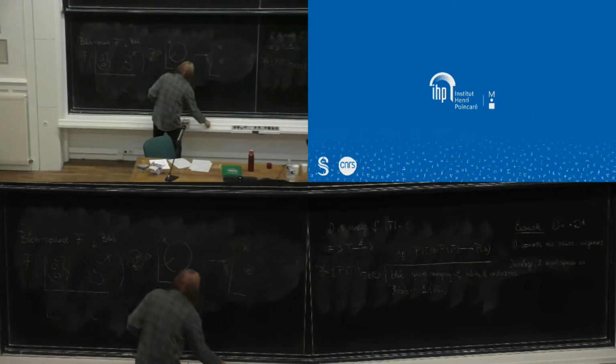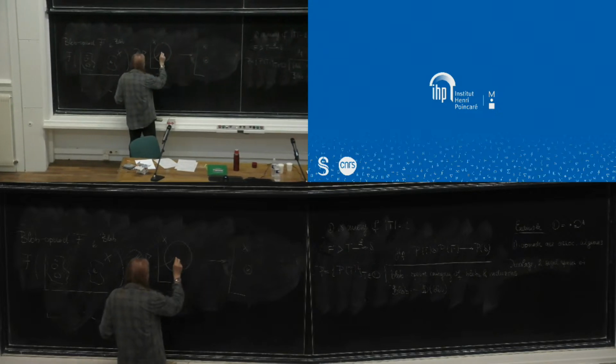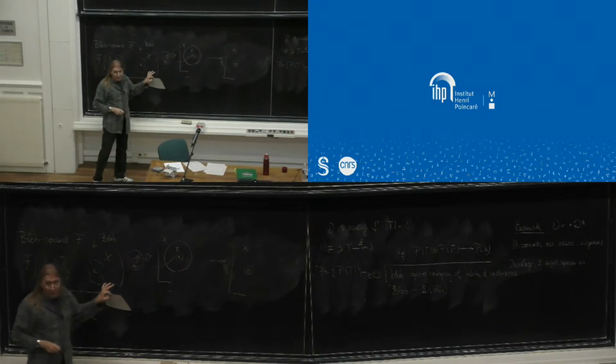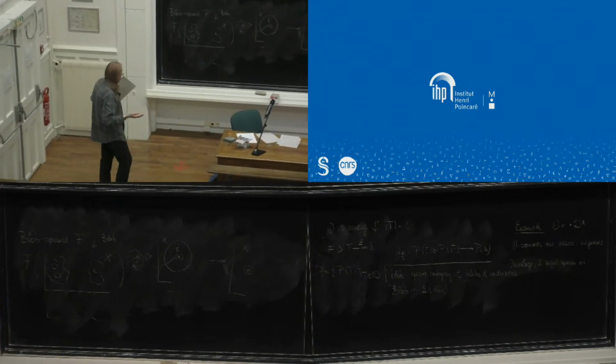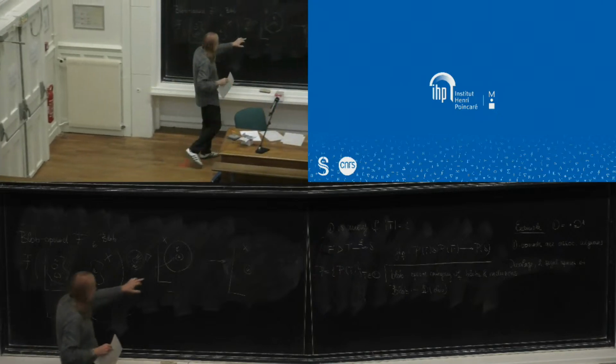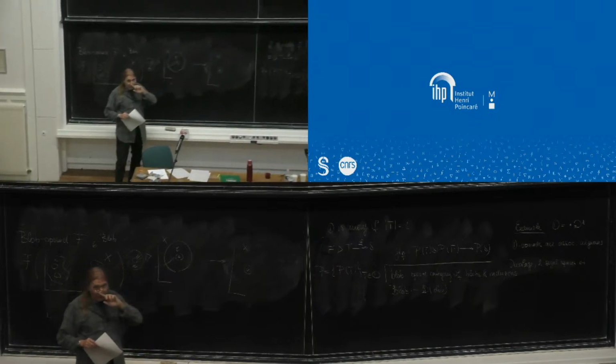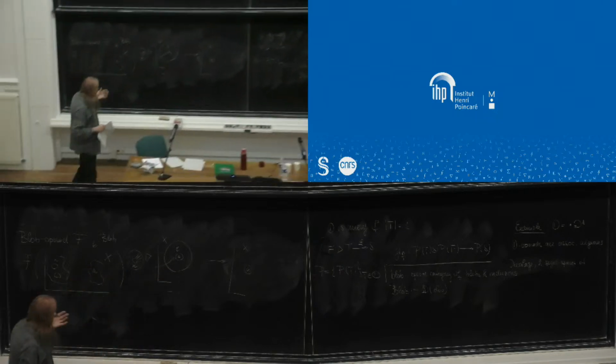Remember that this little blob is here, and what I give you is indeed gluing along the boundary of the little blob, because I'm working with local relations, namely ideals. The result is a local relation.